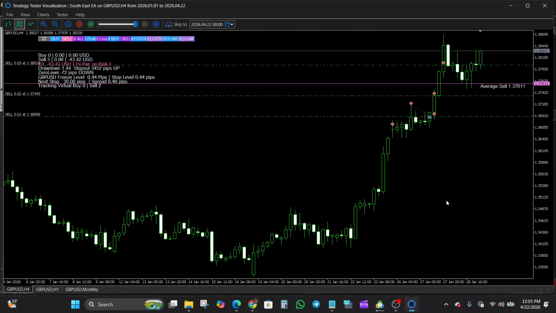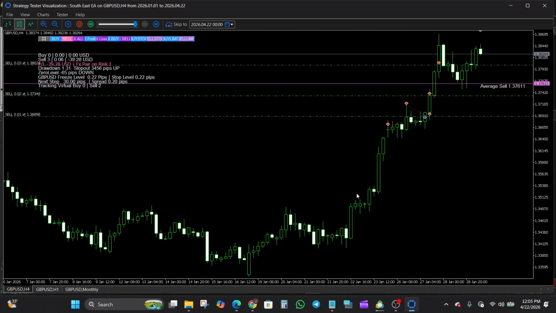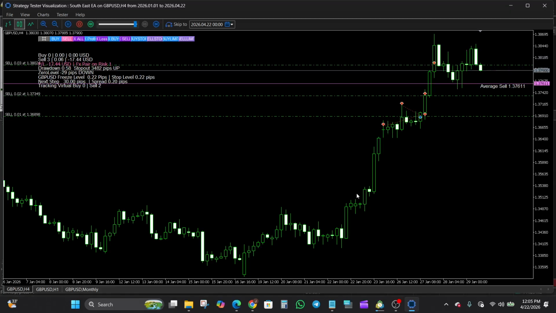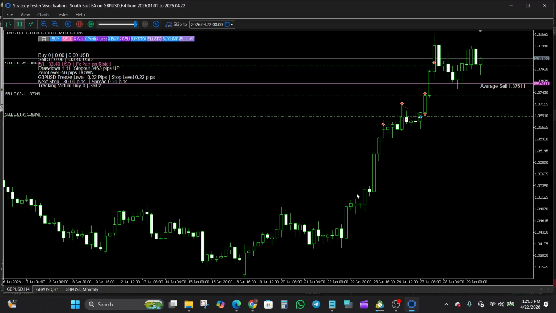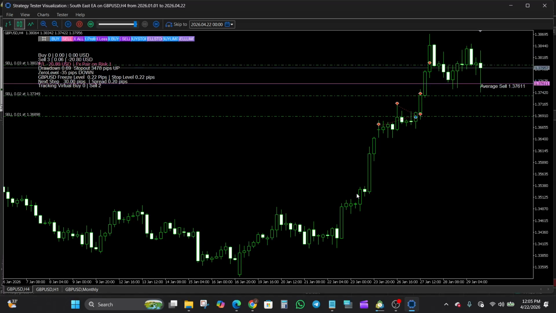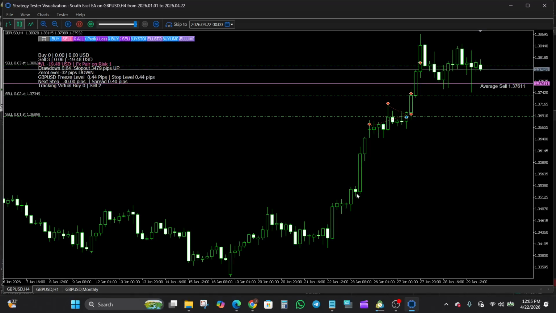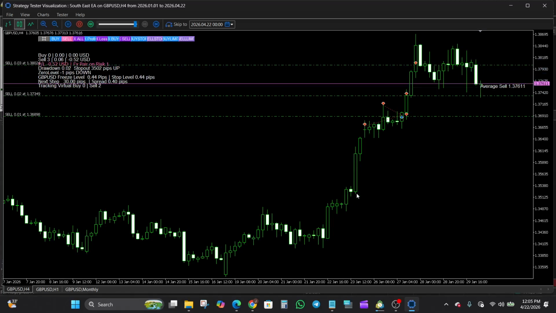So overall, what we are seeing here is a risk-managed grid recovery system with multiple safety layers. It performs best when the market is ranging or moderately volatile, and also when price regularly retraces after moves and when liquidity conditions are stable.